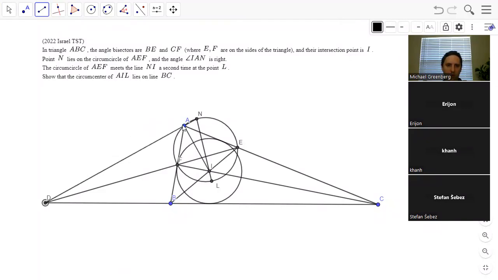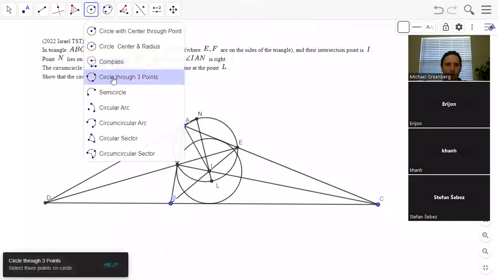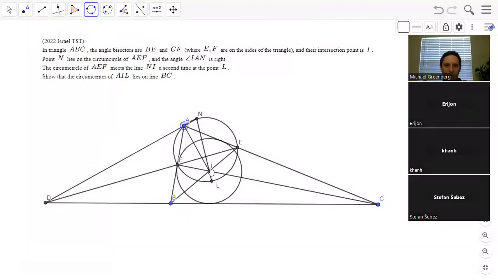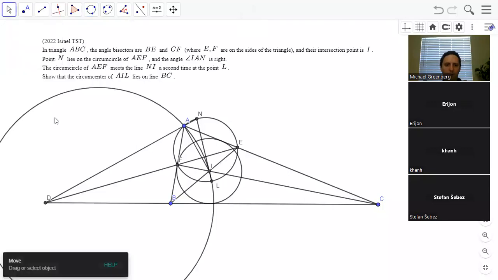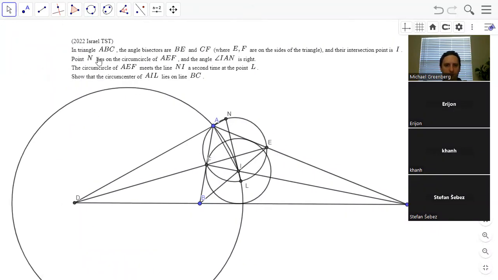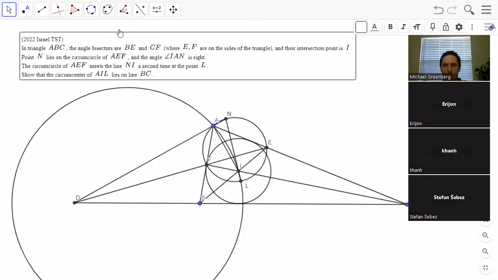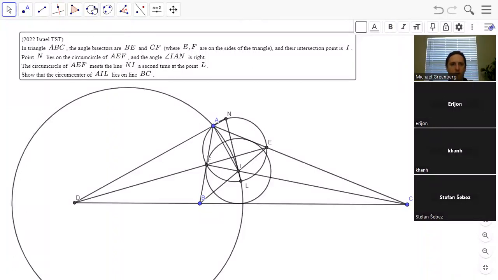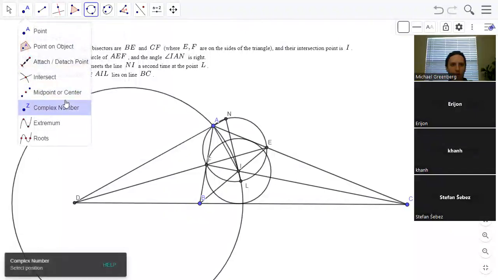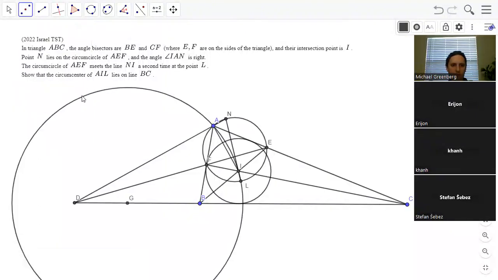So the circumcenter of AIL, that's like a huge circle. Oh, maybe it's not as big as I thought, but it's kind of big. Let's draw the center of it. And it lies on BC.